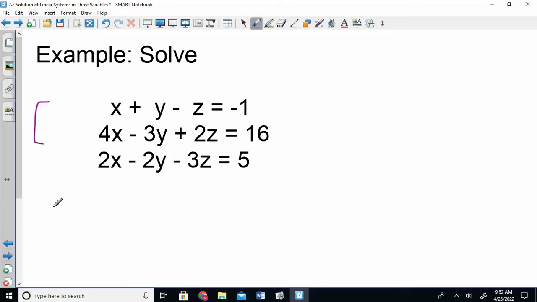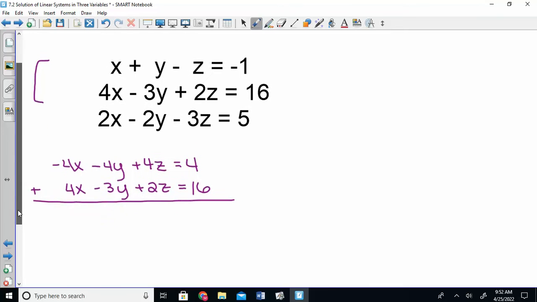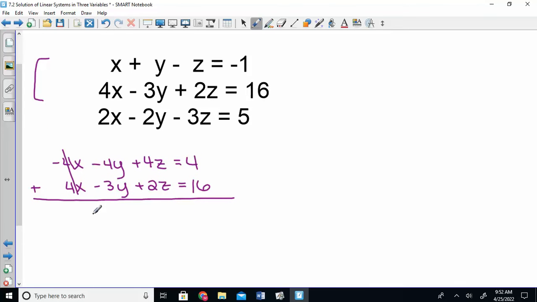Okay, so I'm going to take the top equation times -4, and the second equation stays. So we're going to add those equations together. My x's cancel, so I have -7y plus 6z equals 20.